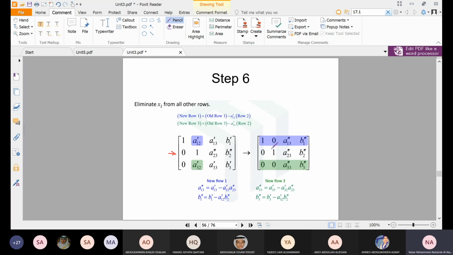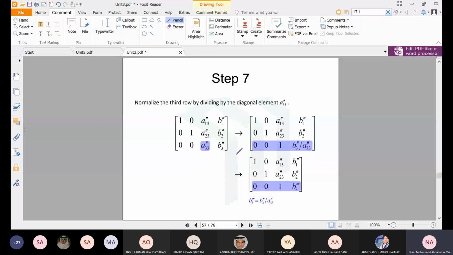The third step, if you look here, we need another diagonal coefficient, this one. We need to normalize it and then convert the other coefficients to 0. So the next step we can do, we need to normalize this one.